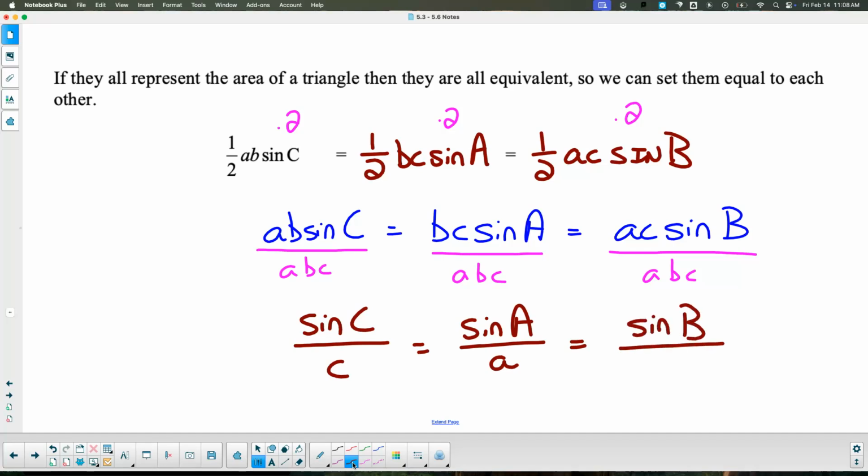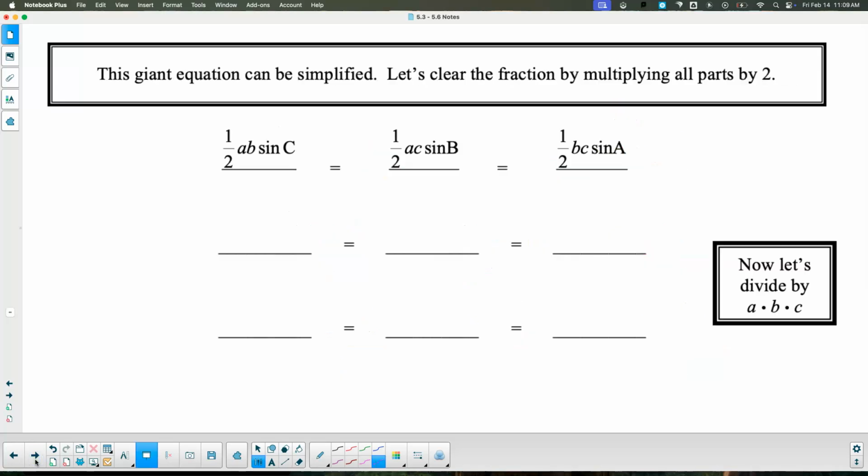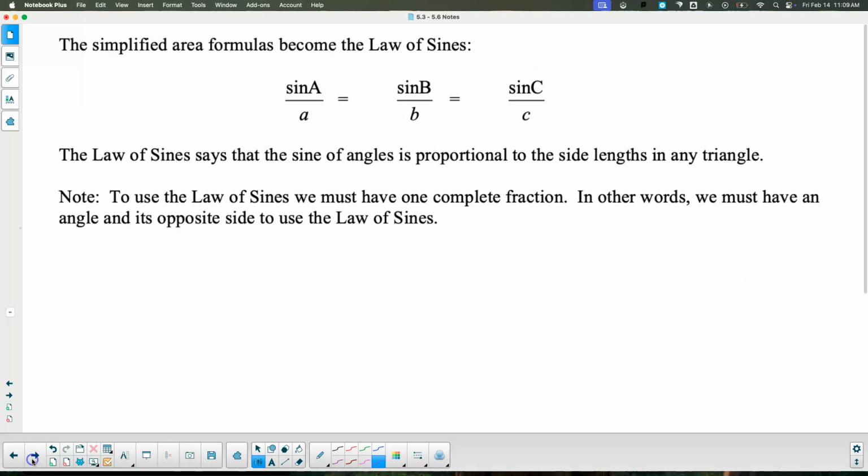Sine of B over B. Those of you that didn't see it, A canceled out A, B canceled out B, C canceled out C. And that now gives me the law of sines.